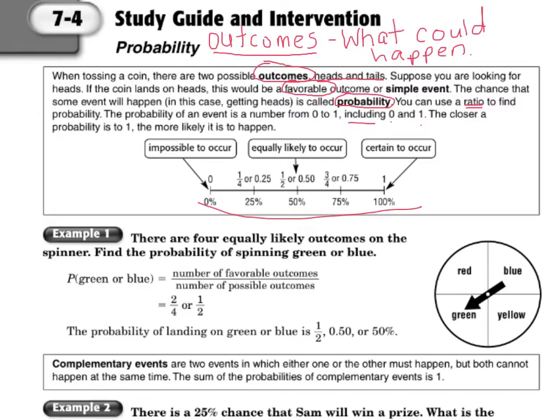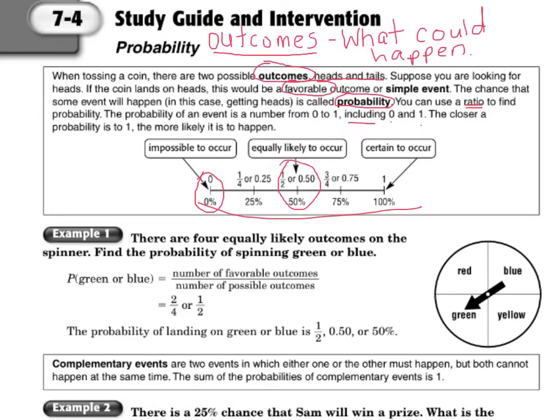So something that's impossible would be 0 or 0%. If it's equally likely to occur, that means you have the same number of heads or tails. There's one head and one tail, so that's equally likely.